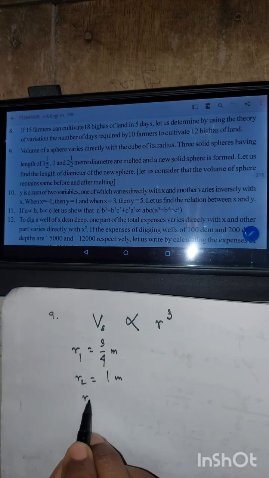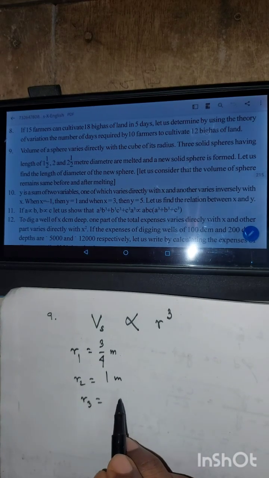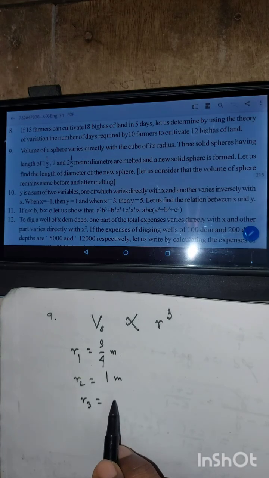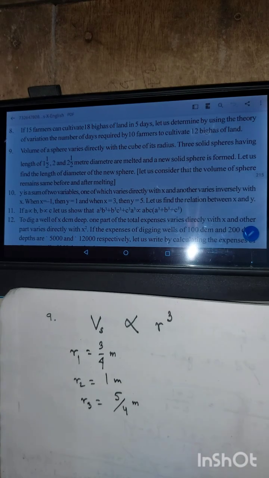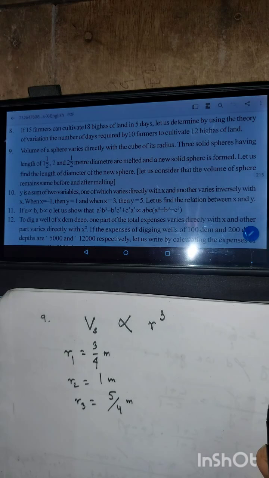And r3, third radius, if it is 5/2, then the radius will be 5/4 meter. These three spheres are melted and a new solid sphere is formed. Let us find the length of diameter of the new sphere. So we have to do it using variation.